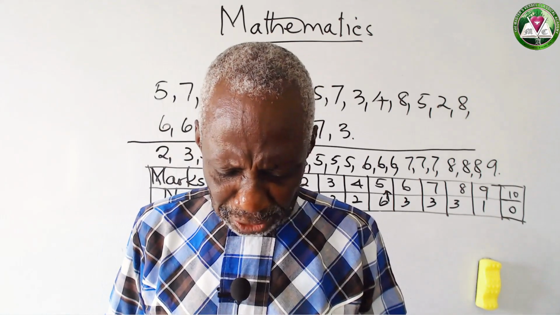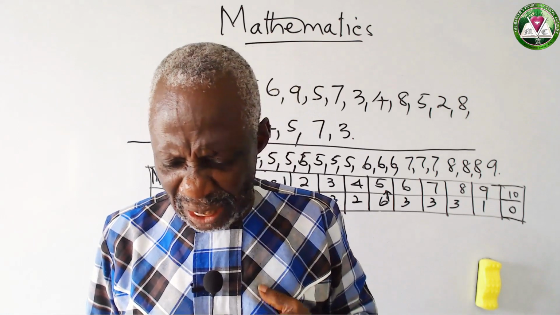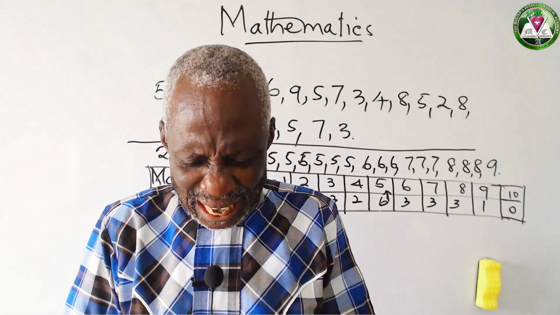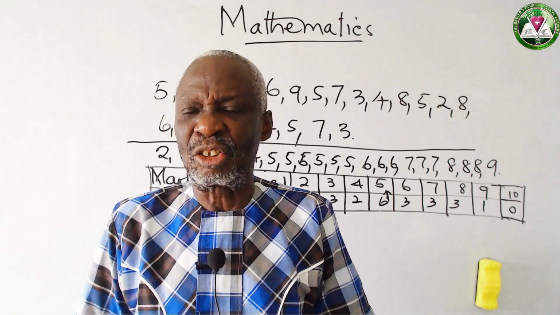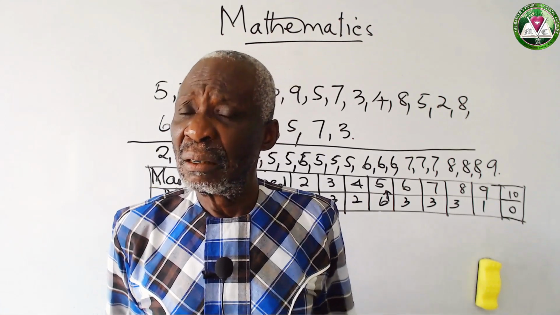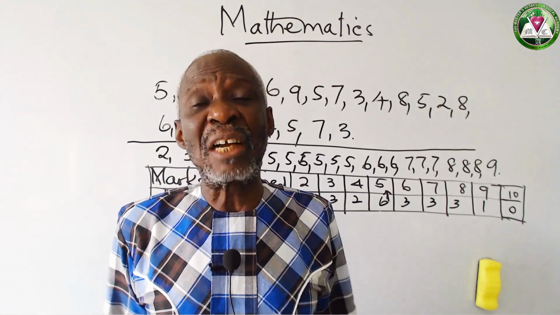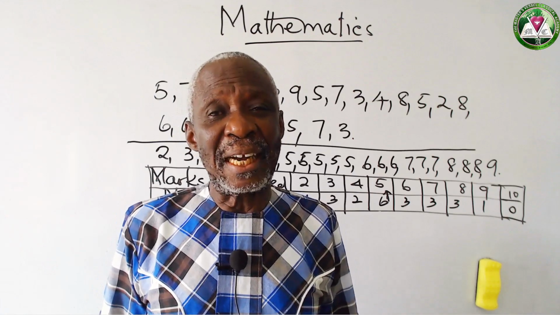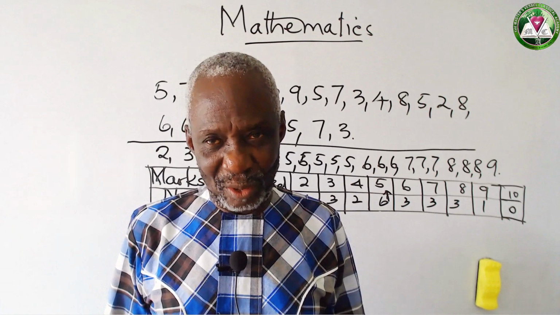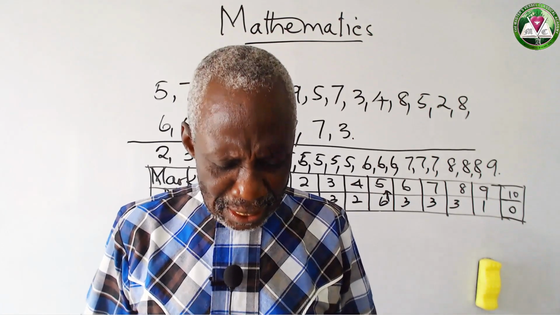Then the next one is, what score lies at the middle of the rank ordered scores? Rank ordered. This is a very big grammar. Rank ordered. That means you are going to write them either in ascending order or descending order. Then you pick the one that is at the middle. That is what they are asking there.